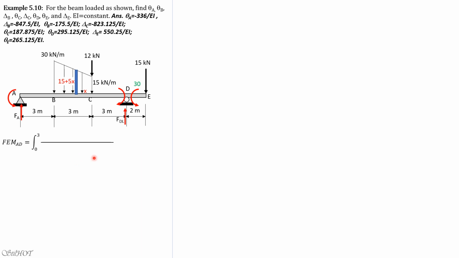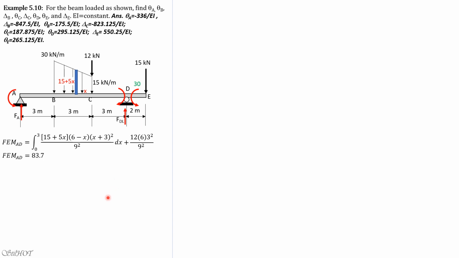Fixed moment AD is integral 0 to 3 of quantity 15 plus 5x dx times distance of the strip from A, which is 6 minus x. Then distance of strip from the right is x plus 3, so x plus 3 quantity squared divided by L squared, which is 9 squared, plus the fixed moment of the 12 kilonewton load, which is 12 times 6 times 3 squared divided by 9 squared.